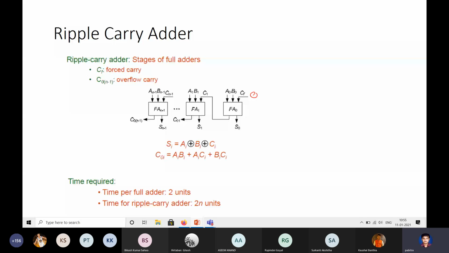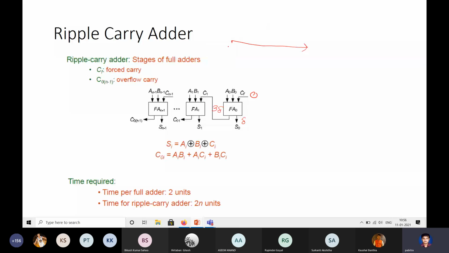There is some complication here, because we have already seen before that the sum has a delay of delta and the carry has a delay of 3 delta. If you apply A0, B0 and the carry in at time 0, you will get S0 at delta.